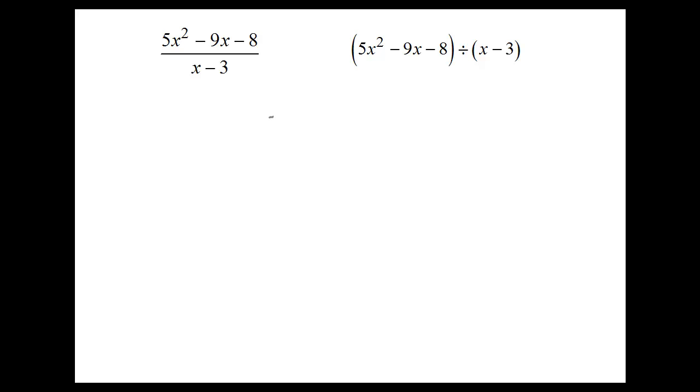In this case, we've got 5x squared minus 9x minus 8. We want to put that inside a division sign. And then outside, we'll have the other polynomial, the x minus 3.